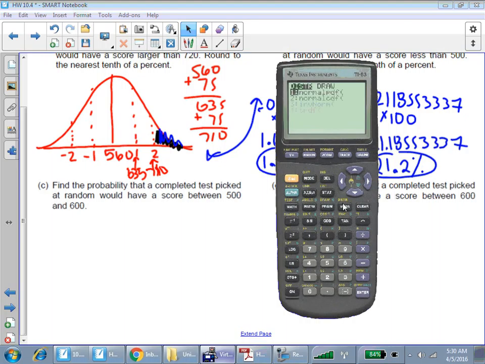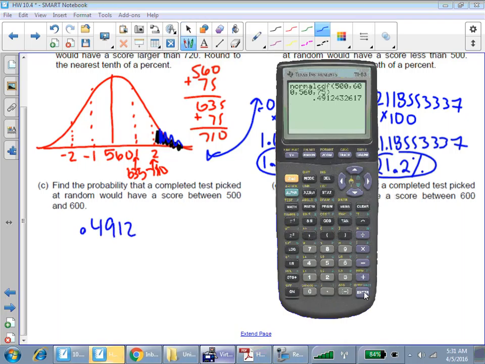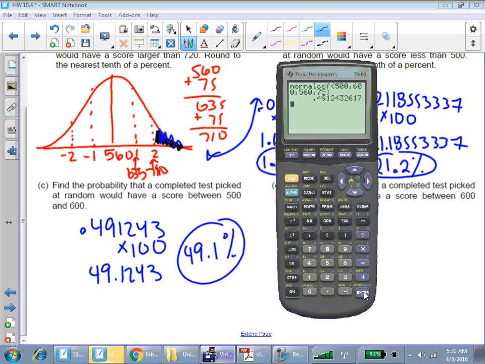So we're going to go to second vars, normal CDF, and we are going to do our lower bound 500, comma, upper bound 600, comma, mean 560, comma, standard deviation of 75, and here we go. So I got 0.491243 times 100 is 49.1243. Nearest tenth is 49.1%.